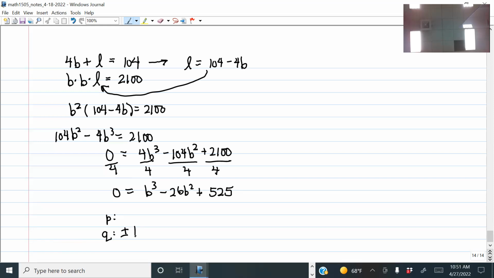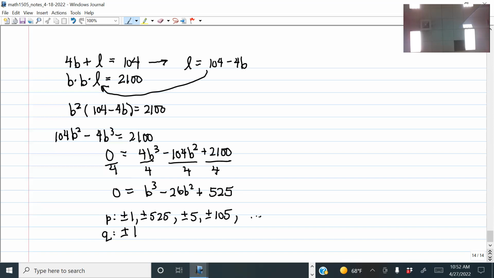There's going to be a lot of factors, right? A couple of obvious ones are plus or minus 1 and plus or minus 525. I don't think those are going to work. 5 and something. How many times does 5 go into that, Amanda? It's 105. Yeah. And then there's a bunch of other ones as well.